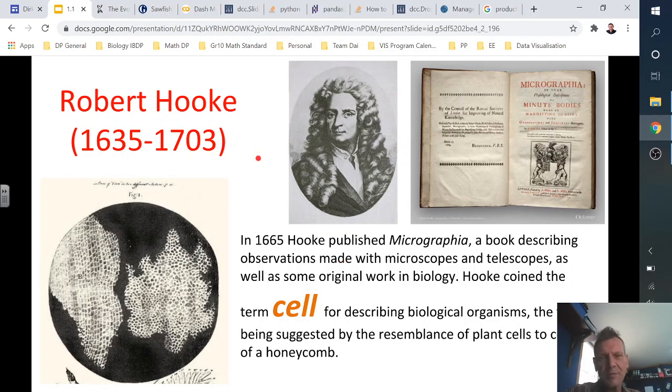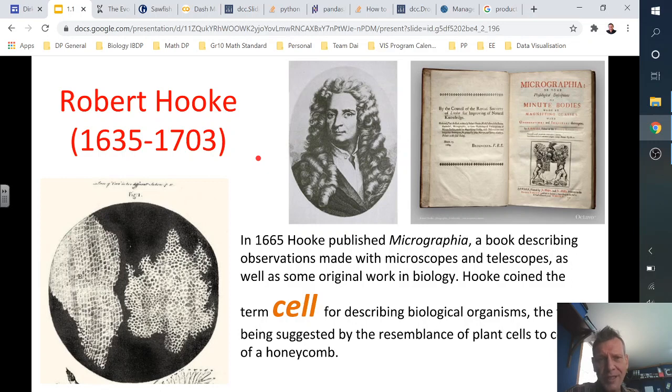The names are a bit similar, but different. And he was a bit annoyed because he was also developing microscopes, but he didn't see those microbes that van Leeuwenhoek saw.